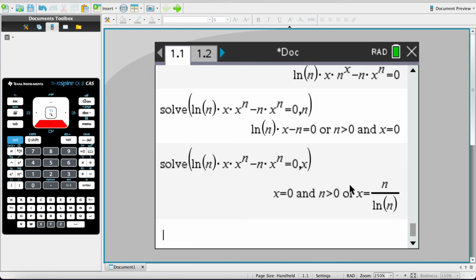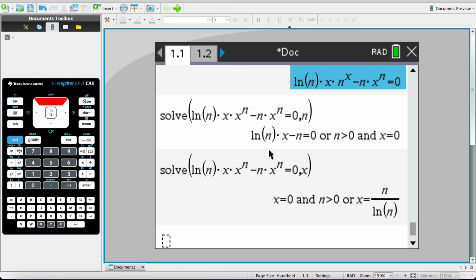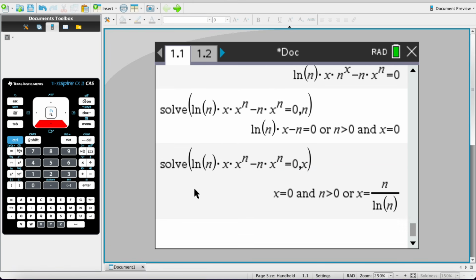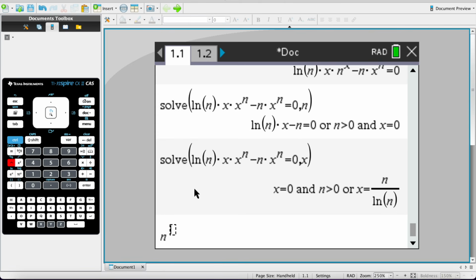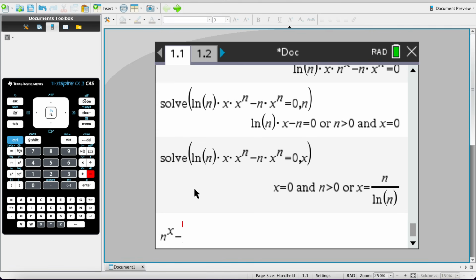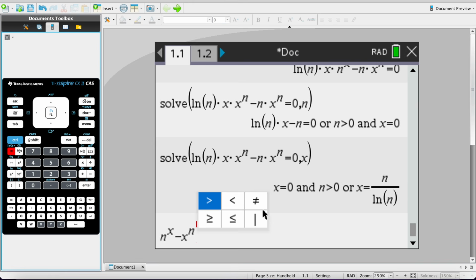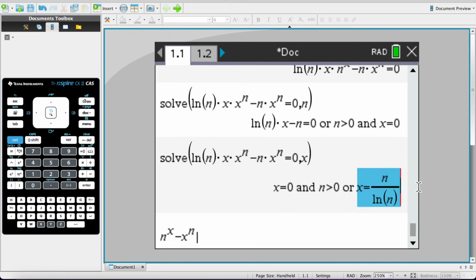So x is equal to 0, or that is when it has a stationary point. And if we sub that into the equation that we had, so n to the power of x minus x to the power of n, with this, we want that to be 0.